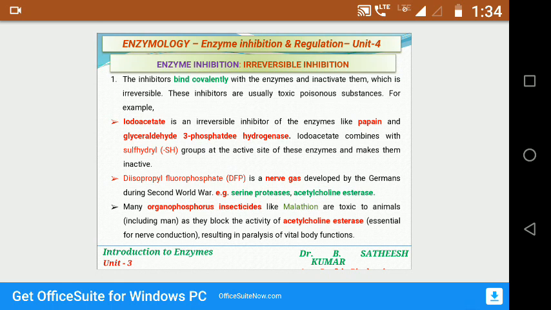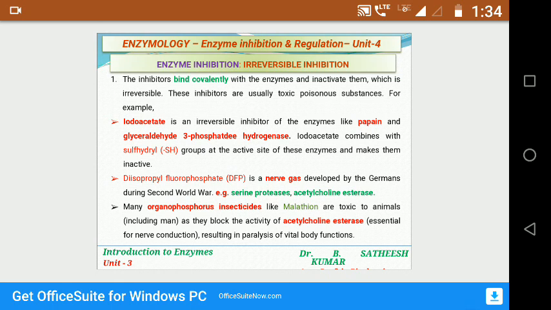The inhibitors are usually toxic, poisonous substances. These irreversible inhibitors are known as toxic, poisonous substances because they permanently impair the activity of the enzyme, and those enzymes may be essential for life.